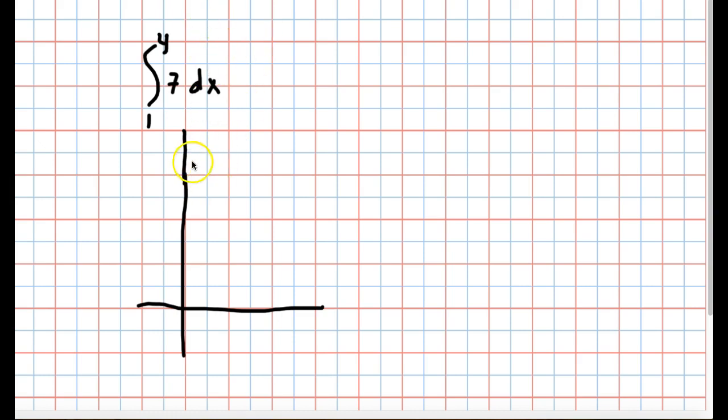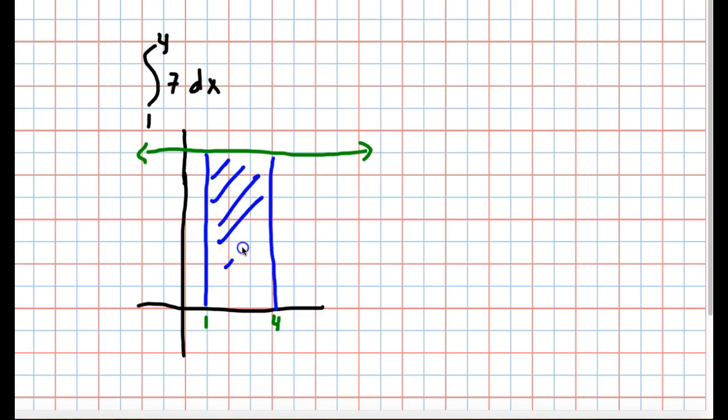So if we graph this, 7 will be right here. I'm taking this function, and I want to evaluate it from 1, 2, 3 to 4. So what I'm doing is finding this area right here, this area under the curve. This is just the area of this rectangle.